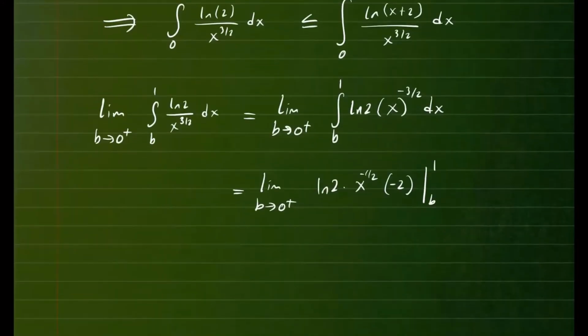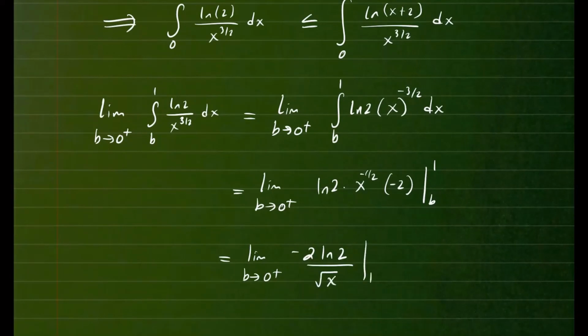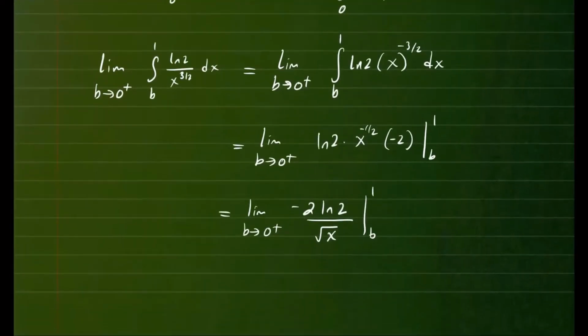Now let's do a little bit of simplification before we take the limit. So this is the limit as b approaches 0 from the right of negative 2 times ln of 2 over x to the 1/2, which is the square root of x, taken from b to 1. So I'm just rewriting before I apply the limit. Now, apply the upper limit of integration.